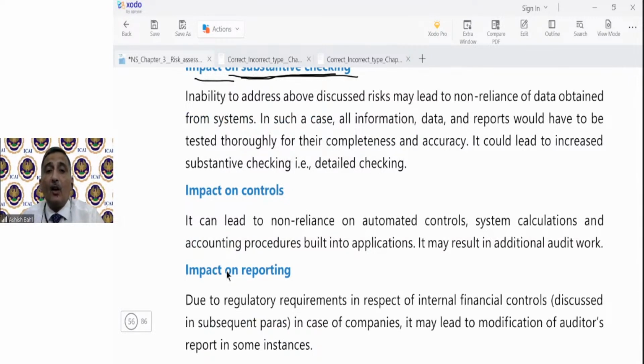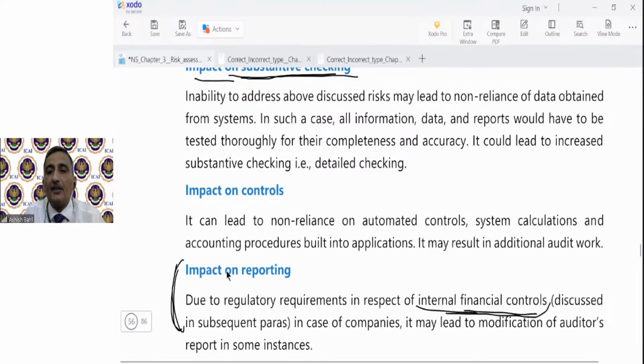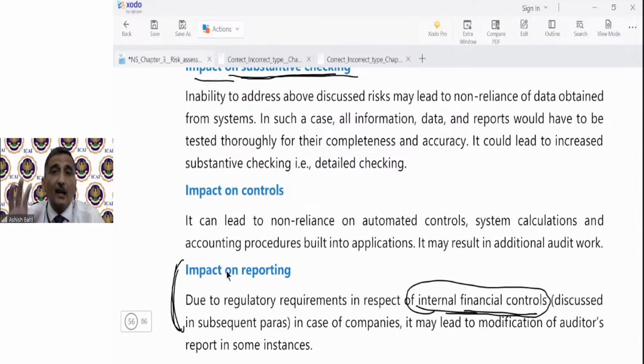And impact on reporting. Due to regulatory requirements in respect of IFC, it may lead to modification of the auditor's report. So students, if the controls are not operating properly, we would be reading about these internal financial controls a little bit later today itself. So you can understand it to be internal controls broadly here.